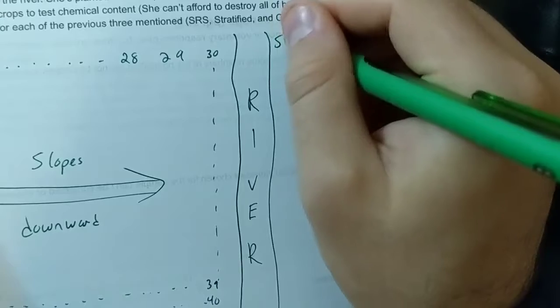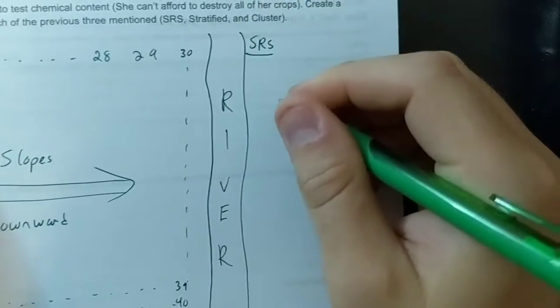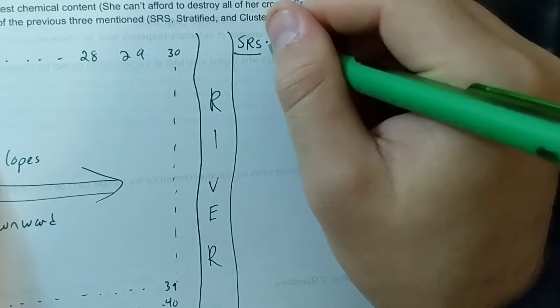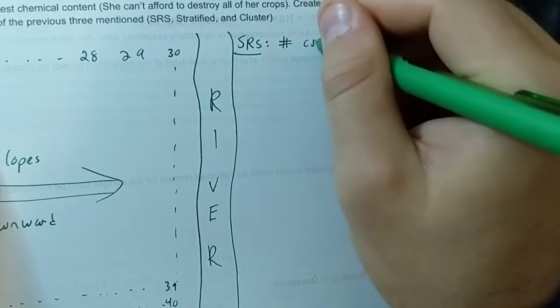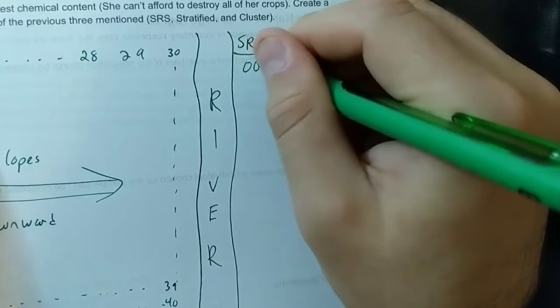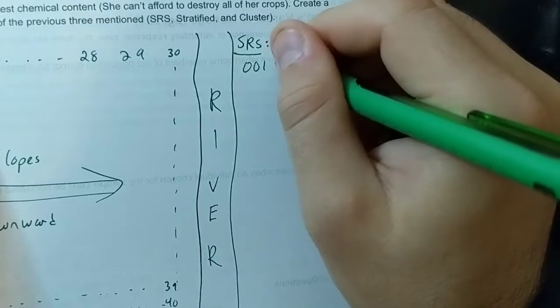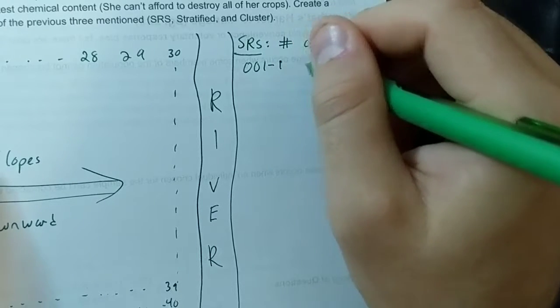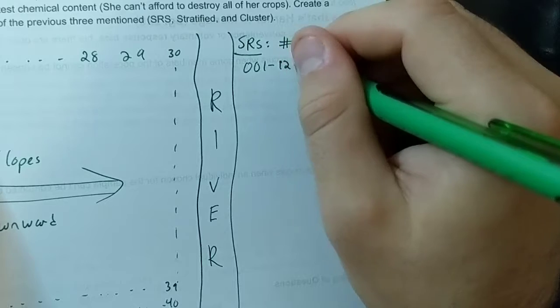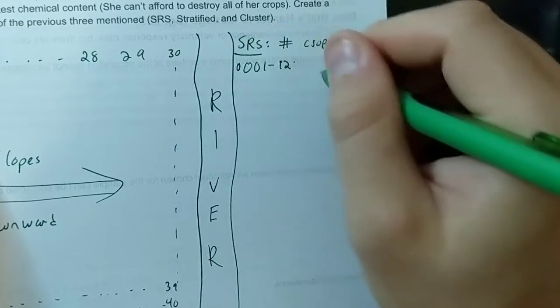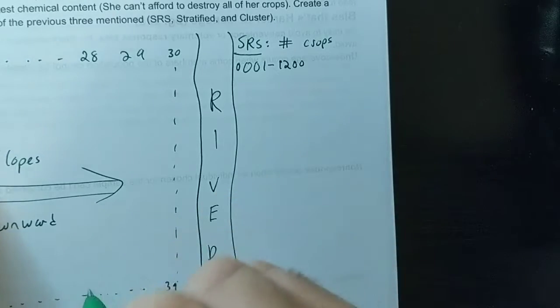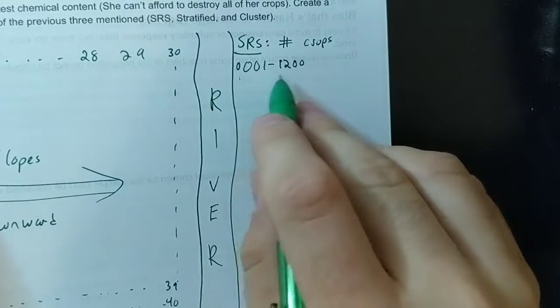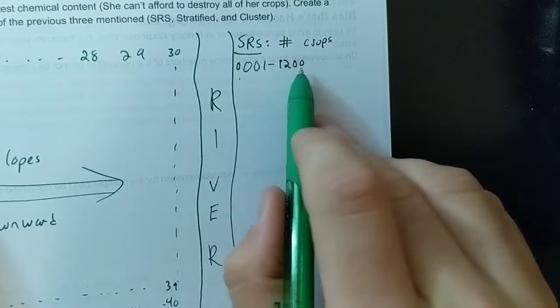So a simple random sample. What we could do is number the crops 001 to 100 and 0001 to 1200. That way we have 1200 crops numbered.